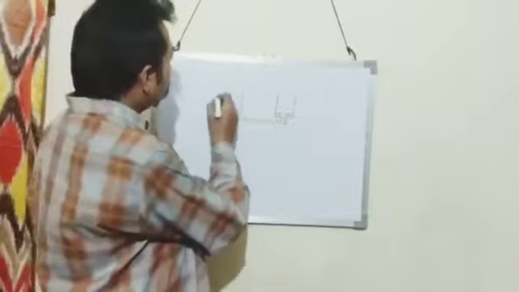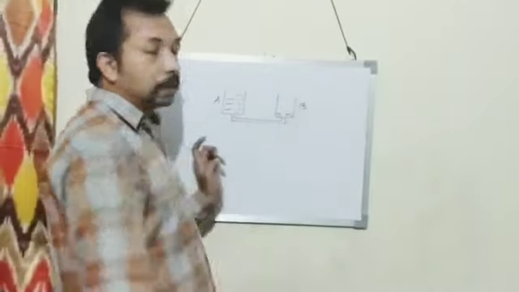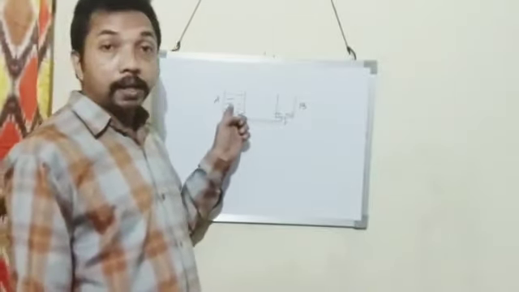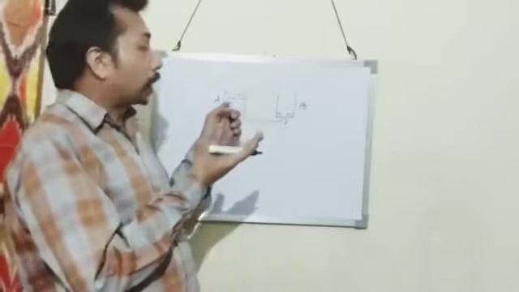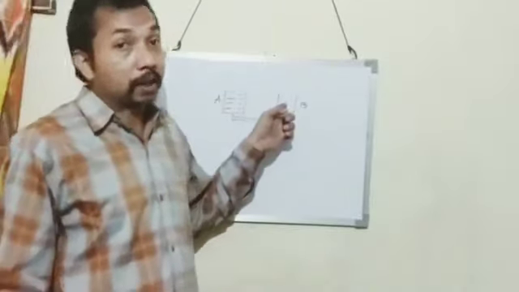Suppose this vessel I name as A, and this vessel I name as B. You can see that in vessel A there is a higher level of water, and in B there is a lower level of water.